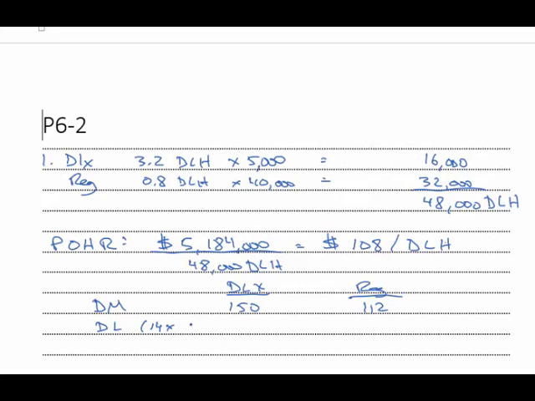$14 an hour times how many hours for a deluxe unit? 3.2, and so that works out to $44.80. And for the regular one, it was $16 an hour times 0.8 hours, $12.80.